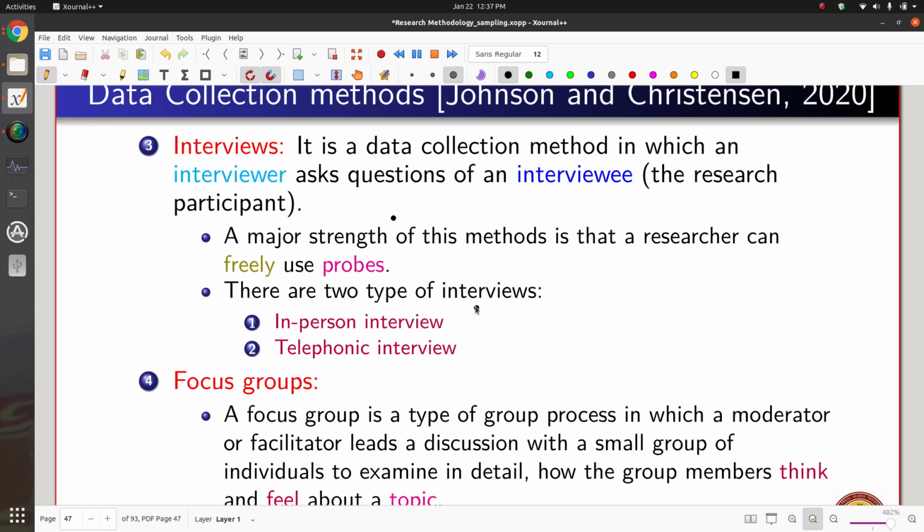Now this is one important thing why this kind of group discussion is called focus group. In case of group discussion, you can discuss multiple topics, but in case of focus group, all the participants are required to discuss only a single topic. That is a topic that researchers have given the participants for discussion, and the role of the moderator is to facilitate the discussion.